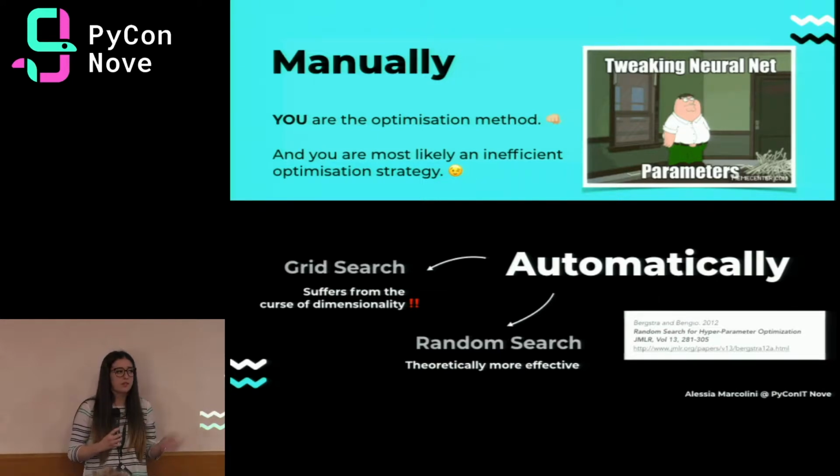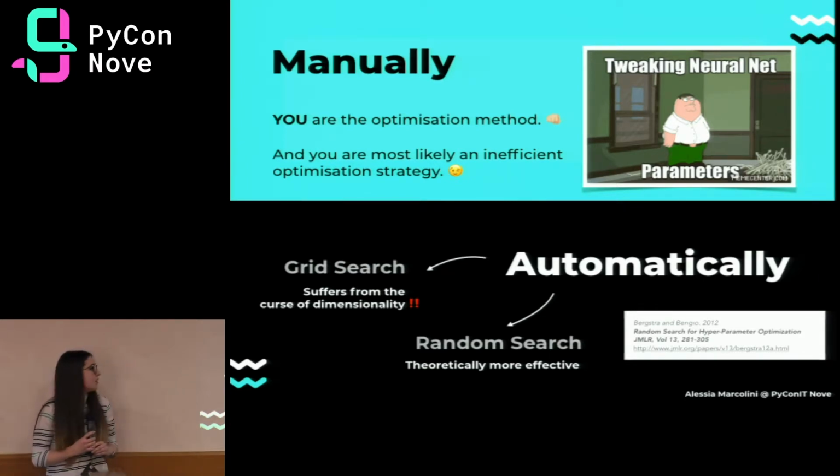Doing this, you can leverage parallel computing and train several models at the same time. Of course, the cross product of these lists grows exponentially with the number of hyperparameters. So this approach suffers from the curse of dimensionality, and it's not even guaranteed to find the best solution.